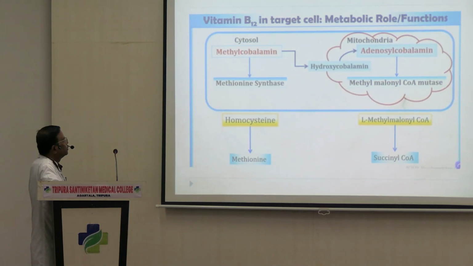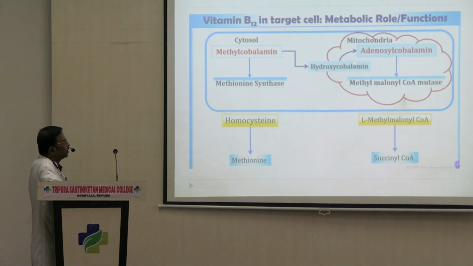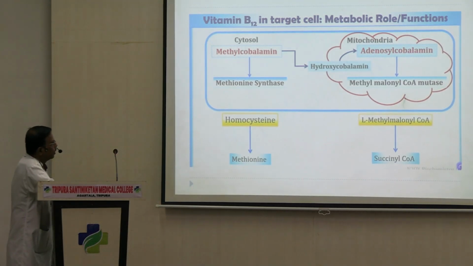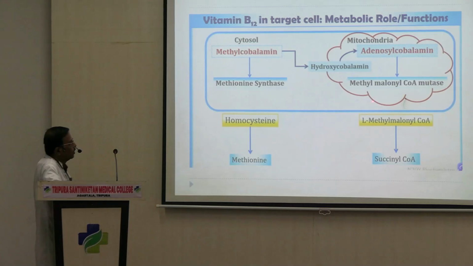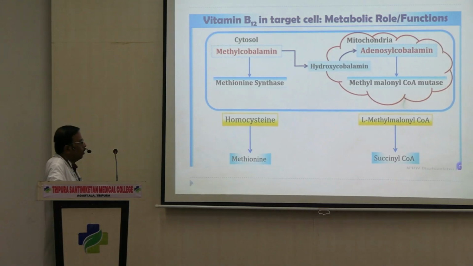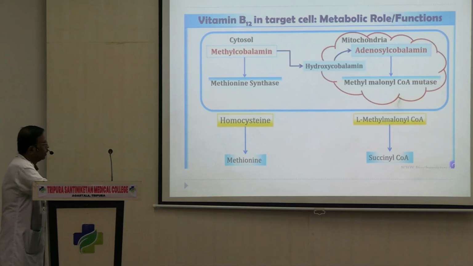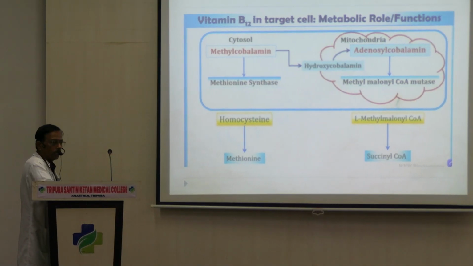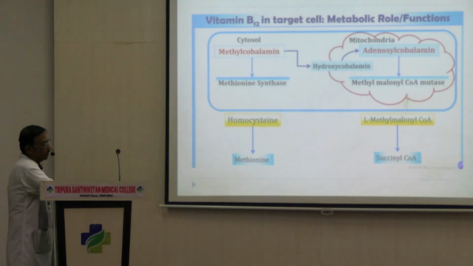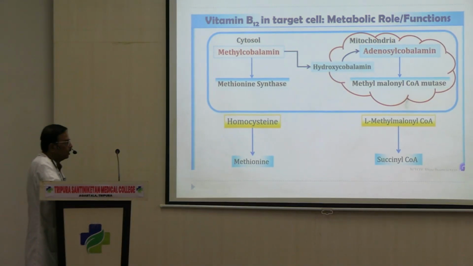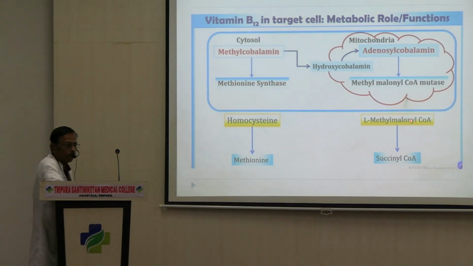And this vitamin B12 passes to the mitochondria, is converted into adenosylcobalamin, and helps the reaction of methylmalonyl CoA mutase, where methylmalonyl CoA is converted into succinyl CoA. So, when there is deficiency of vitamin B12, there is increased homocysteine and increased methylmalonyl CoA.